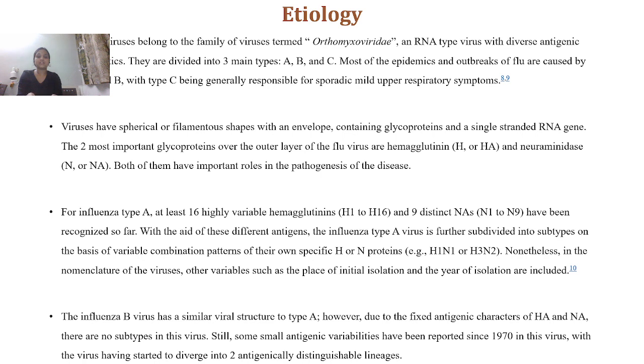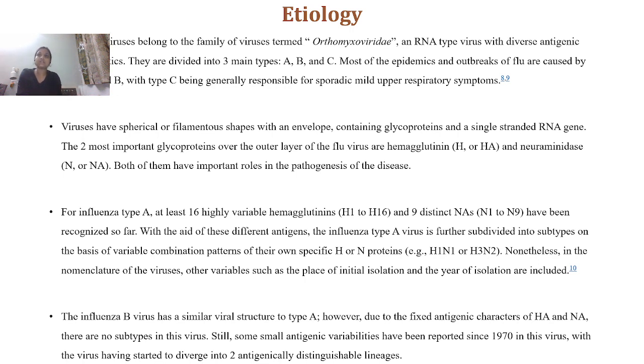In the nomenclature of these viruses, other variables such as the place of initial isolation and the year of isolation are also included. The virus name is given according to the H and N subtypes, and then again on the place of origin.